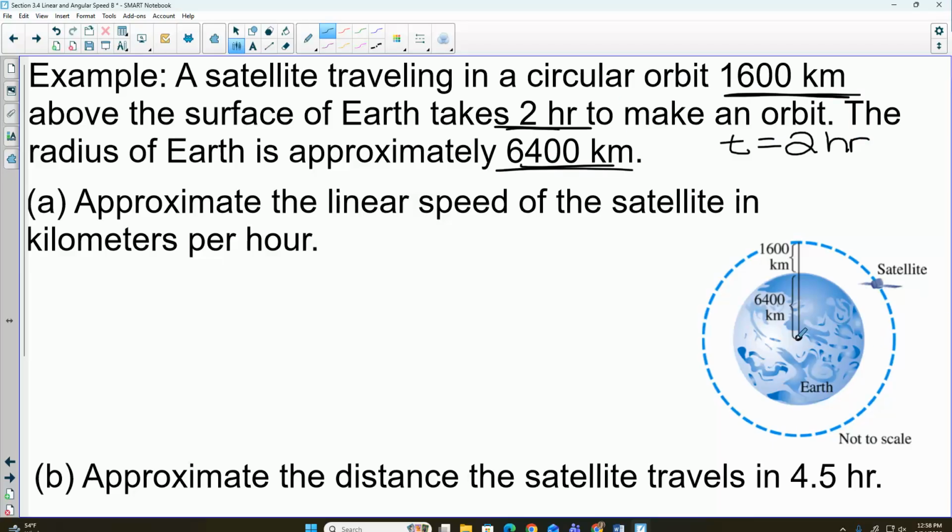The picture helps a lot with that. Here's the center of the Earth. It's 6,400 to get to the edge. The satellite is another 1,600 beyond that. So what have I given you? The radius, we just have to add those together. And so that would give me 8,000 kilometers.